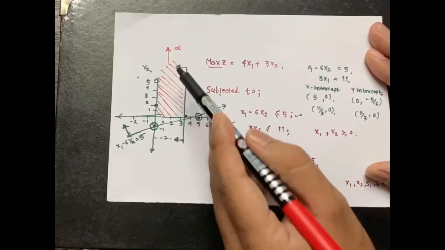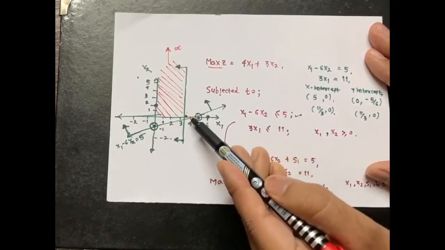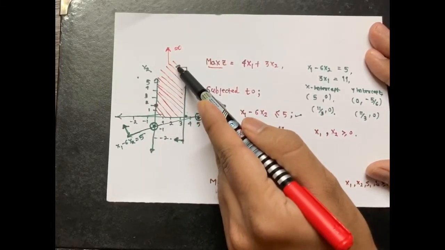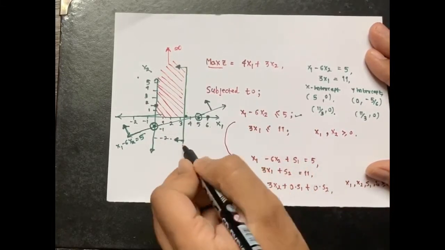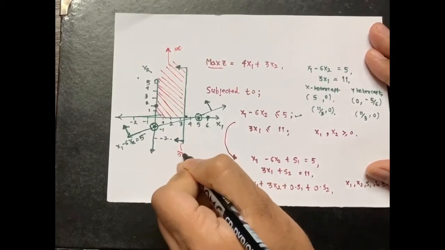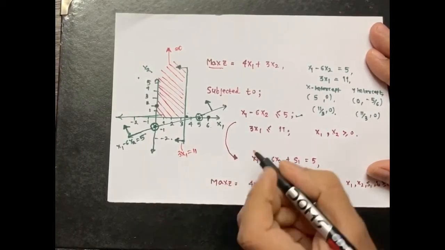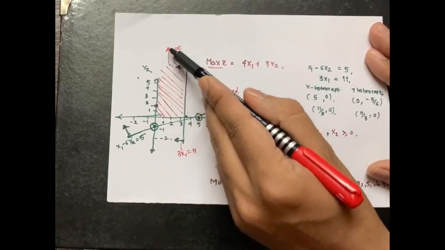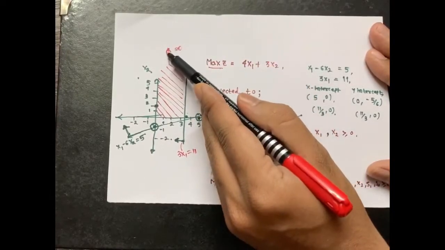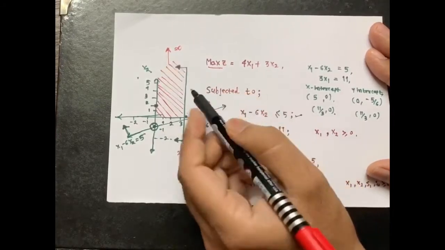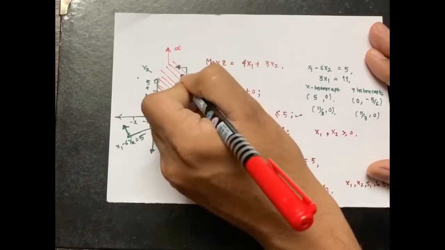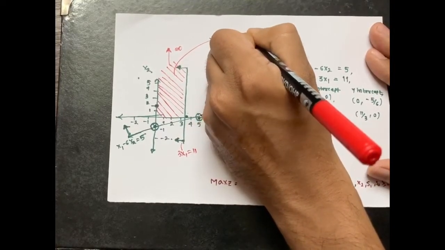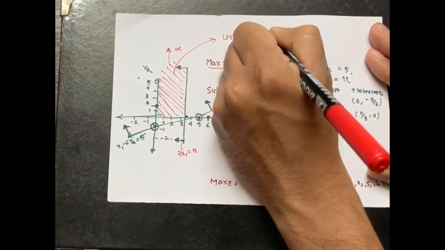Based on this common region, above this particular region the entire region is feasible, and this line, which I forgot to mention, is my 3x1 equals 11. So in this case the common intersection indicates that it is moving in a vertical upward direction till infinity. So this is a case of unboundedness.